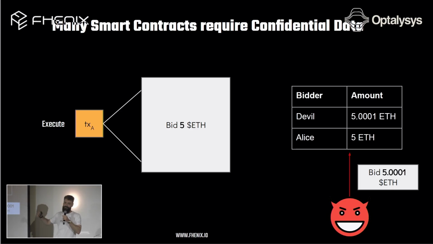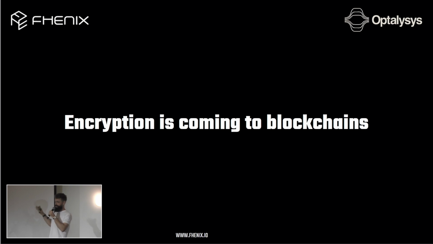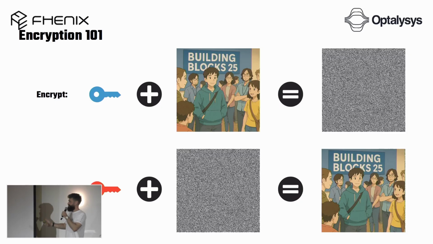She is probably offline or not monitoring things, and he basically wins the bid at the very last second, and we obviously don't want that. So encryption solves that as well. The point is that it becomes very obvious that encryption is coming to blockchains, and we'll see it more and more. We're here to help mitigate these issues.